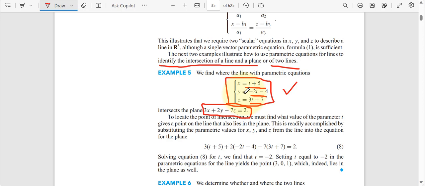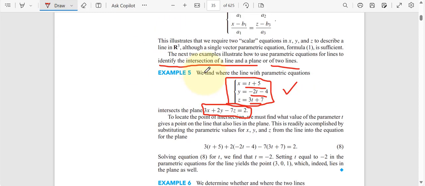But how do we know that that point is also in the plane? Then we just put those coordinates into here. And if this is true for that x, y, and z, that means that point is also in this plane. And so that's what they do. They find that this is the point, and then they put that into here, and it works.